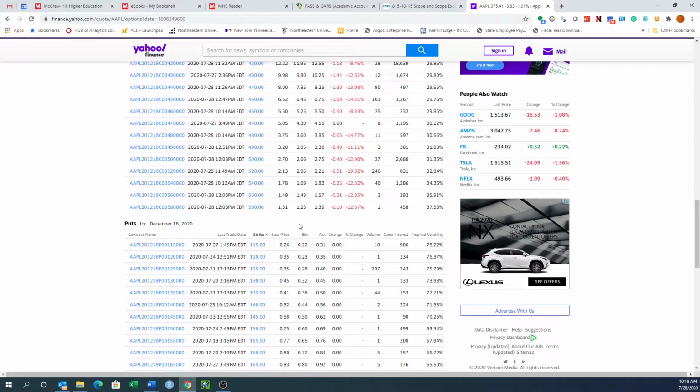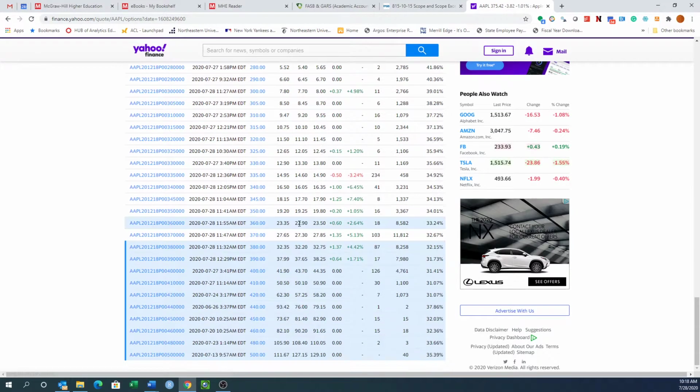Put options, right? If we want to find in the money put options, we'd have to go all the way down here. Remember, this is the right to sell. Here I can sell it for $500, even though the price currently is only $375. How much would it cost me to buy this option? It would cost me around $111 per share.